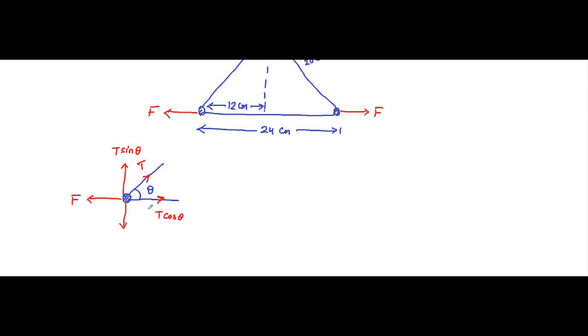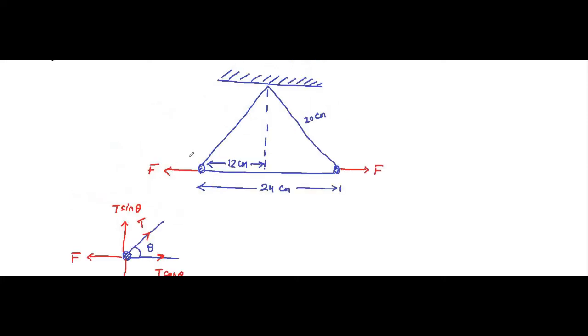And then we have the gravity force, the weight of the sphere, mg, acting on it. So these are the forces acting on each sphere. This is the same for the other sphere also, but we have taken only this one.